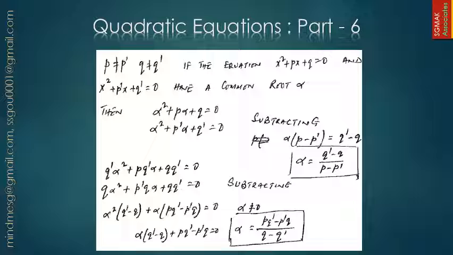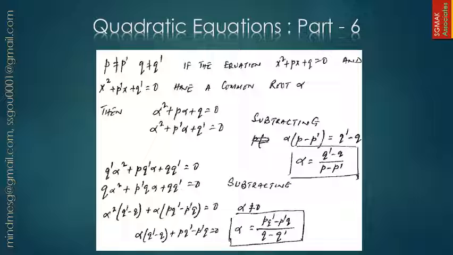The other way is that if we multiply the first equation with q prime and the second equation with q, we can find another value for alpha, where alpha cannot be 0.